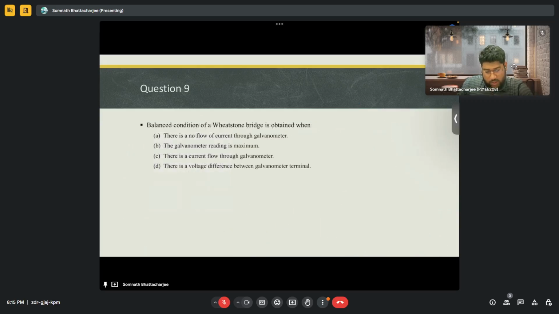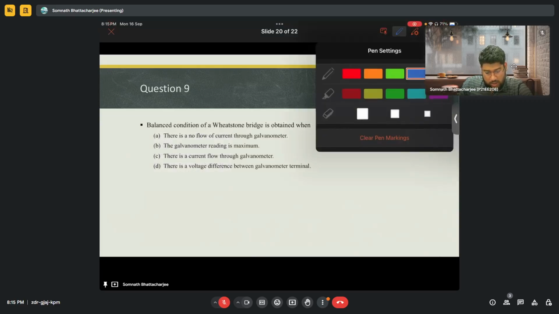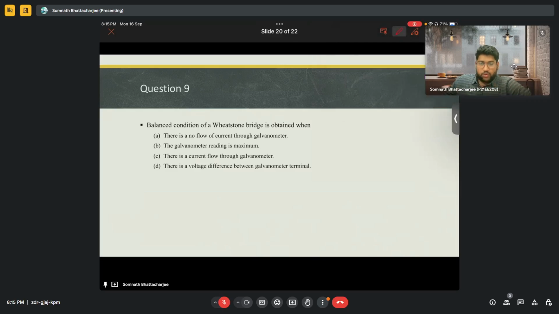Moving on to the next question, that is this. Balance condition of a Wheatstone bridge is obtained when there is no flow of current through the galvanometer. So the galvanometer is here in this configuration. So there is no current through this.